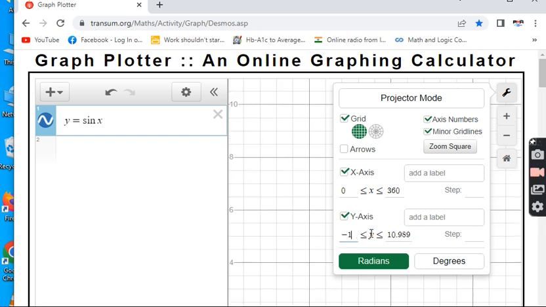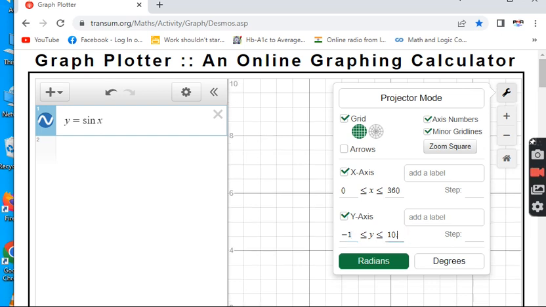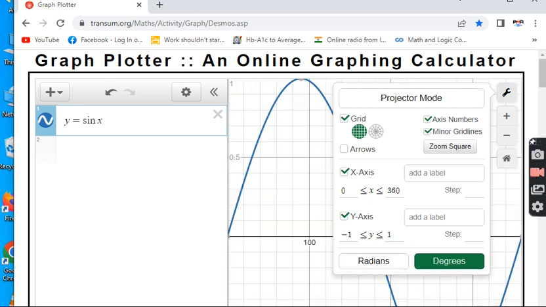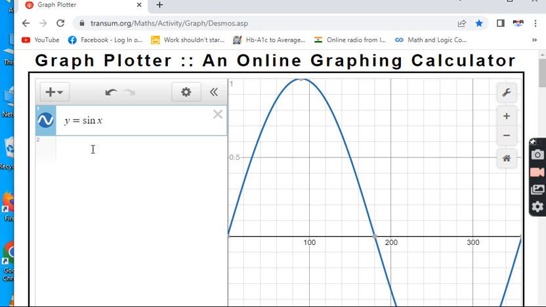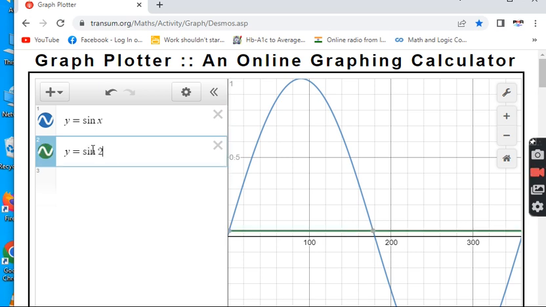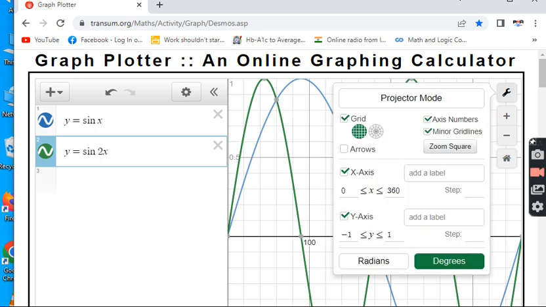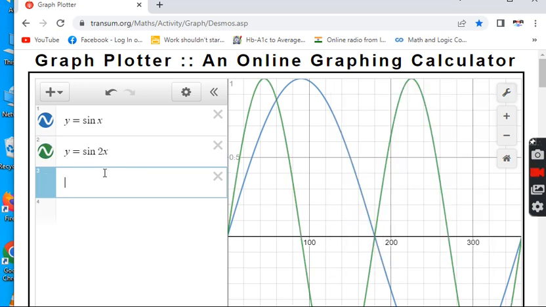The y values is from minus 1 to plus 1. The second one is y is equals to sine 2x, and this time the values are same. It means amplitude doesn't change.